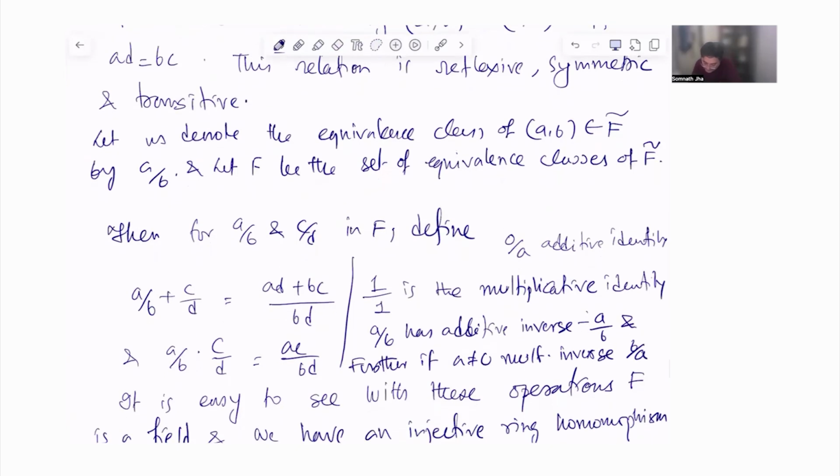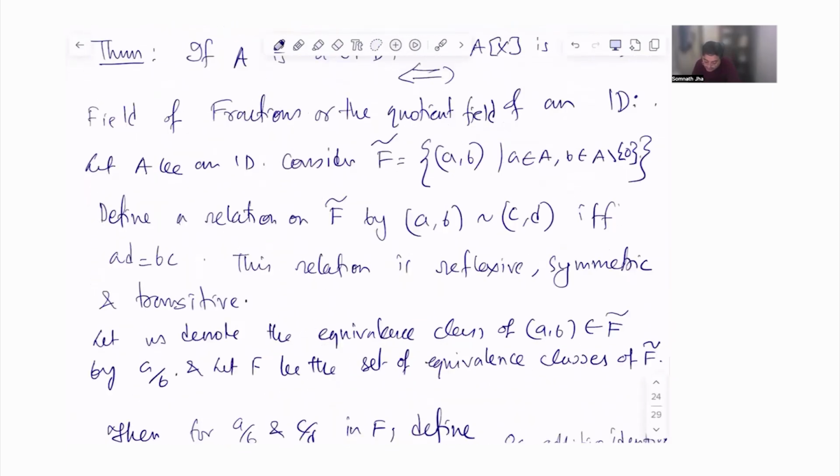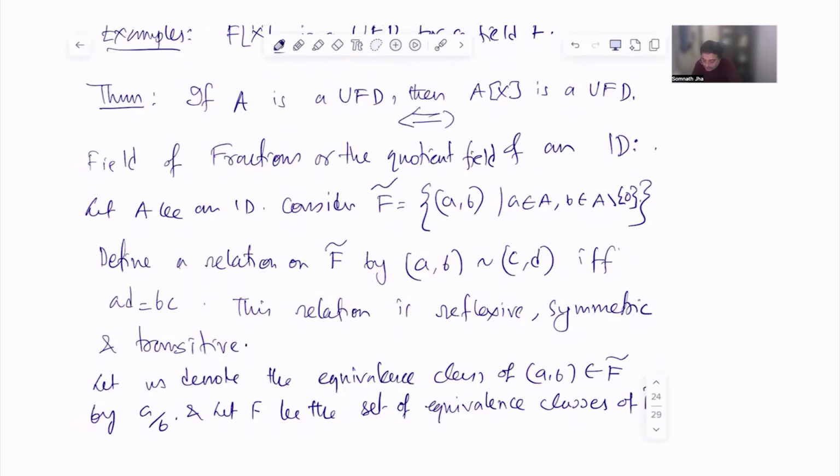So note that when you are writing a by b, automatically b is not equal to 0, because we have started with this tuple (a, b) where a can be anything in A, but b equal to 0 is excluded. Just keep the example of Z in mind if you are seeing this for the first time. So Q, as I said, is a by b, where b cannot be 0, so Z cross Z minus 0.